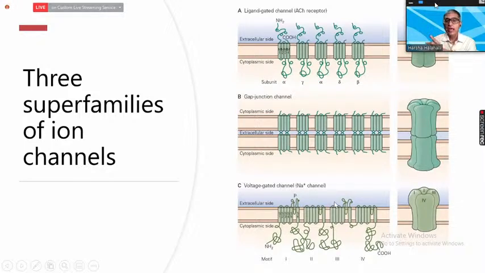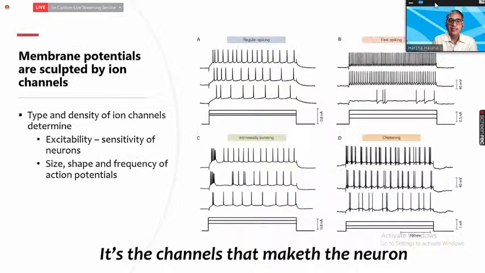So almost all ion channels belong to one of these three categories of channels, which are coded by three superfamilies of genes. Now, it's important to understand that membrane potentials are sculpted by ion channels. Depending upon the type of ion channels and the density of ion channels, the excitability of neurons differ. Also, the size, shape, and frequency of action potentials differ.